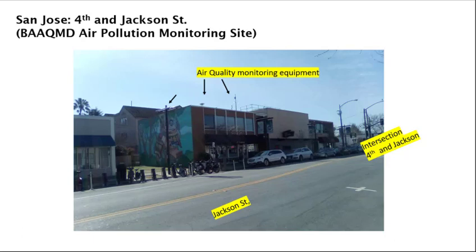A photograph from street level looking up at the station is shown here. Jackson Street is in the foreground and its intersection with 4th Street in the background on the right side of the photograph. Atop the building, you can see various monitoring equipment that sample concentrations of criteria air pollutants, among others of interest. These measurements are taken hourly and check to see if the air quality standards are met.